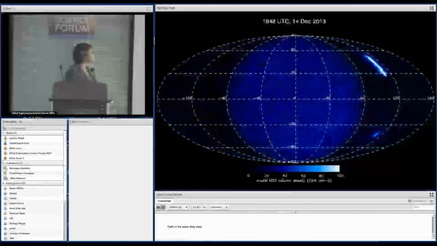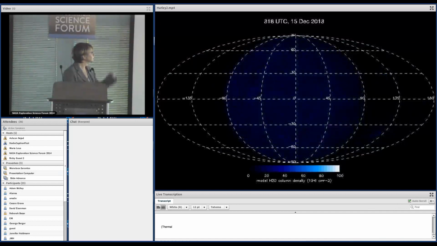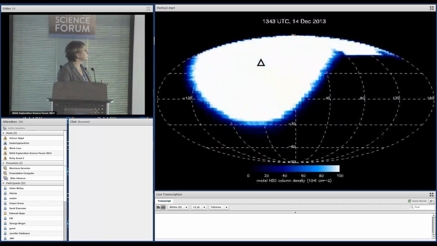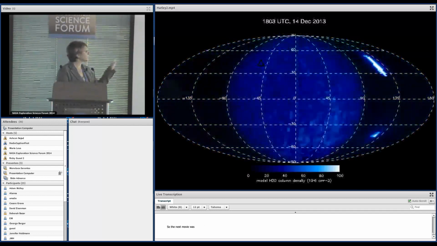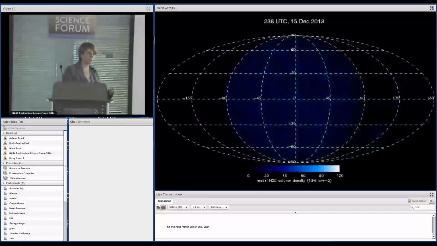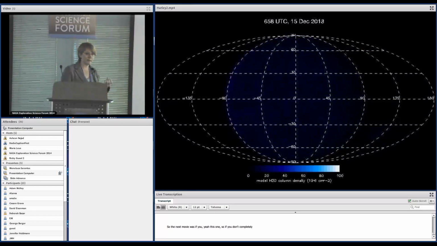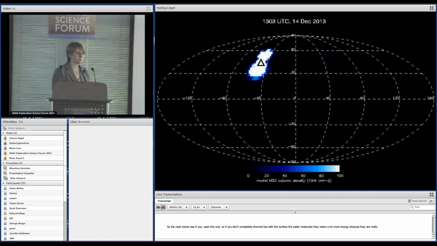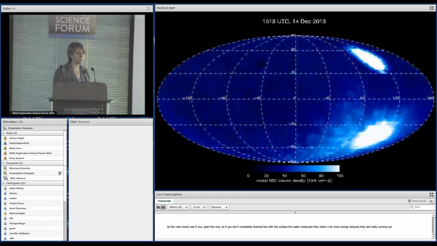Now this movie, is that the right one? We'll see in a sec. Hold on. So the next movie is, so if you don't completely thermalize with the surface, the water molecules retain a lot more energy because they're really coming out of that exhaust plume fast. And thermalizing with the surface slows them down quite a bit.